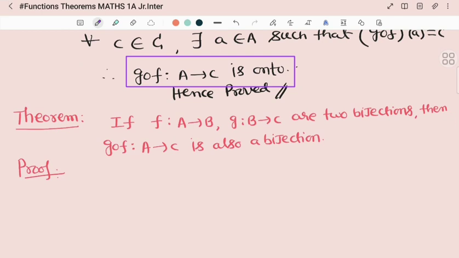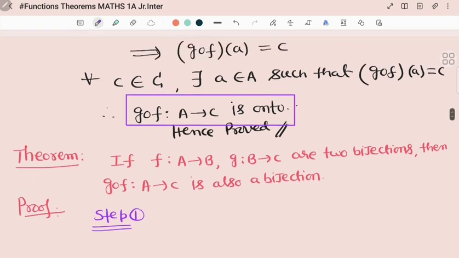So first theorem and second theorem combined. The above theorems, don't write above theorems in the exam, dear students. In this theorem, what we need to write is, in step 1, this theorem we can prove.